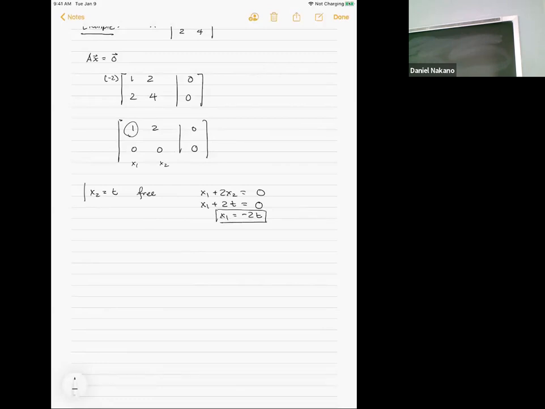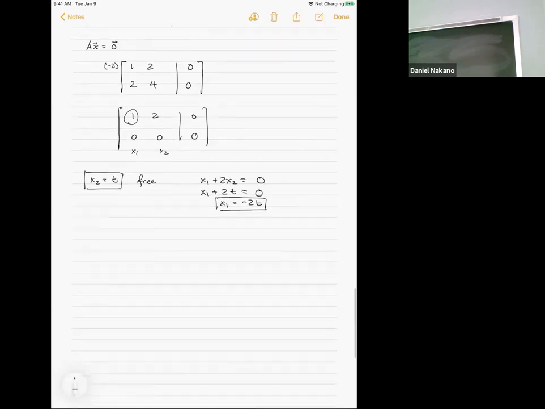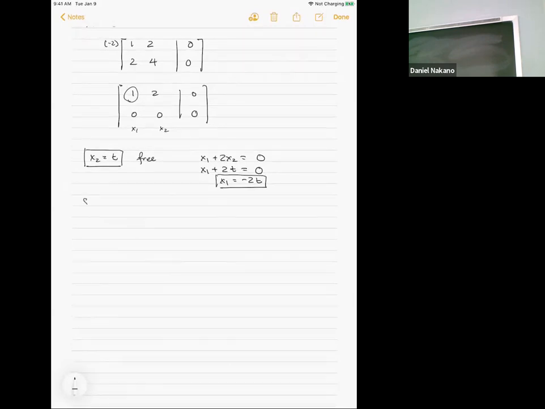So then the solution x1, x2 is going to be minus 2t and t, which is t times what? Minus 2 and 1. So we just get a line which goes through the origin. Everybody okay with that?